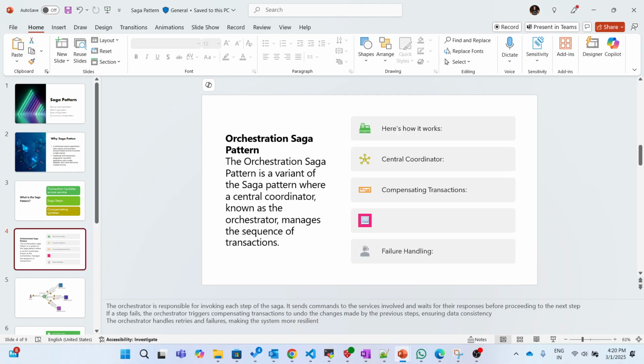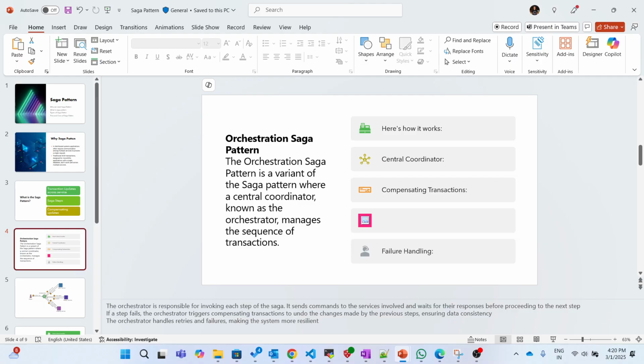So let's discuss the different types of saga patterns. The easiest way to remember these types is orchestration and choreography. These two are related to music and dance. You can say orchestration is used in music and choreography is used in dance.